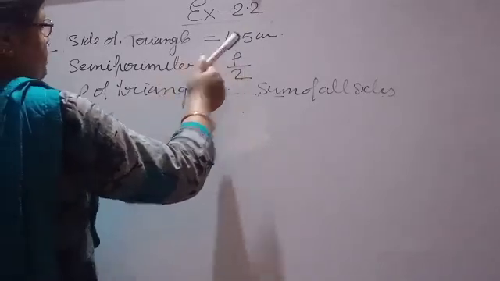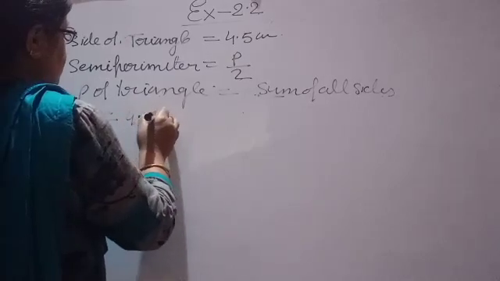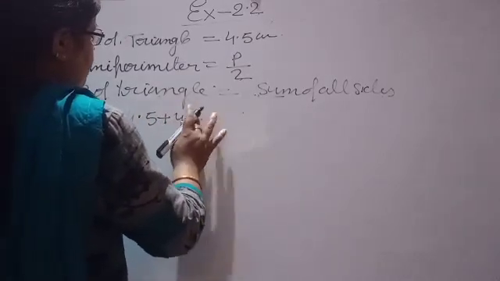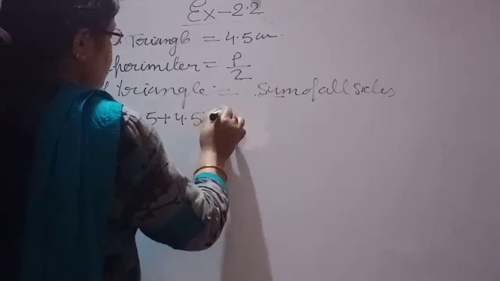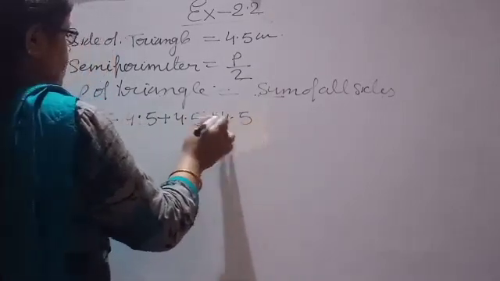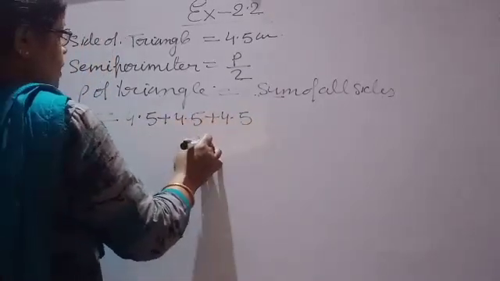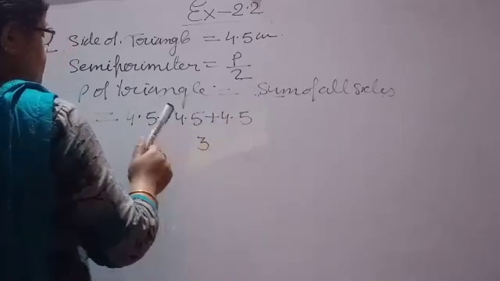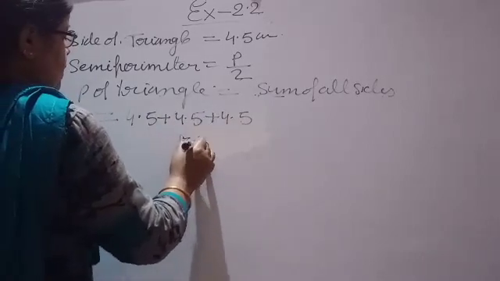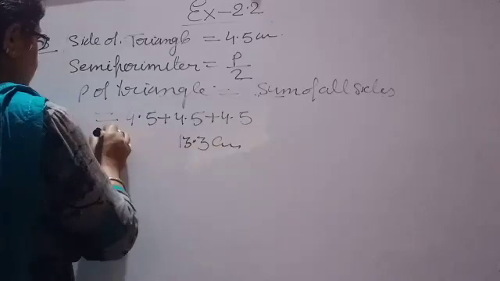So what will be its perimeter? 4.5 plus 4.5 plus 4.5. You can see 5 to 10, 5 to 15, one carry. 13.5 centimeters will be the perimeter.